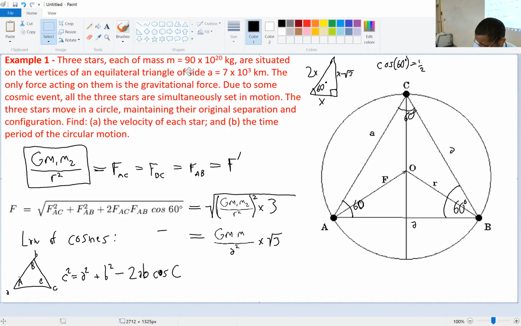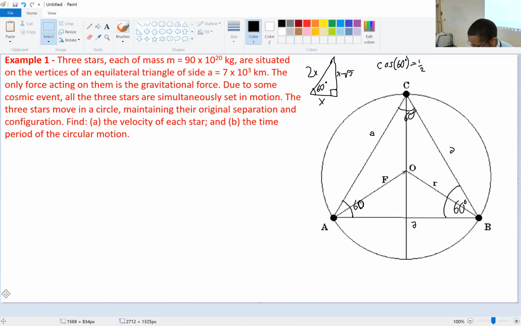We'll just leave that. Now again, so now we need to find this distance here because we need the radius.